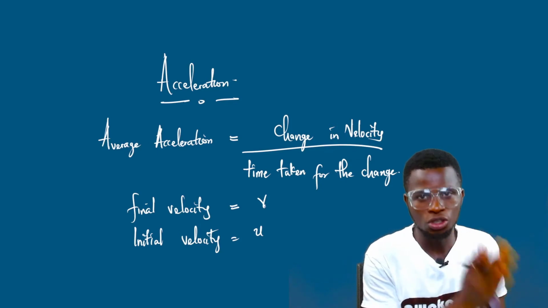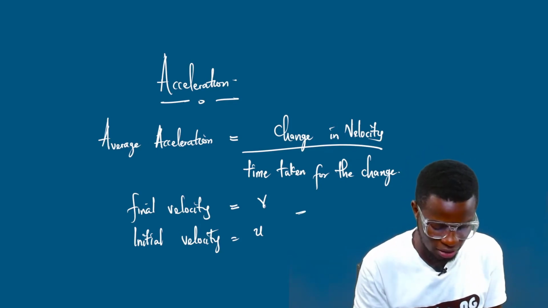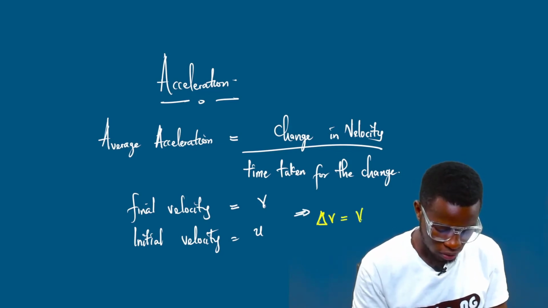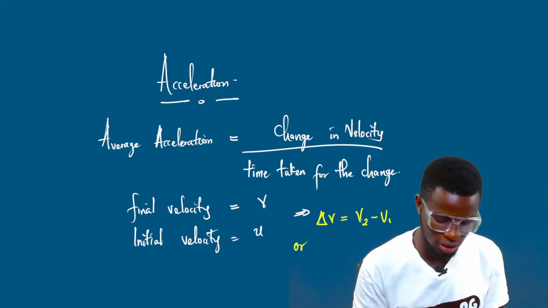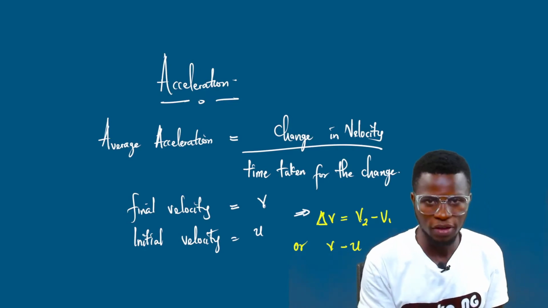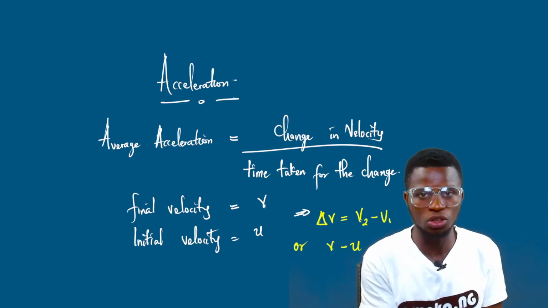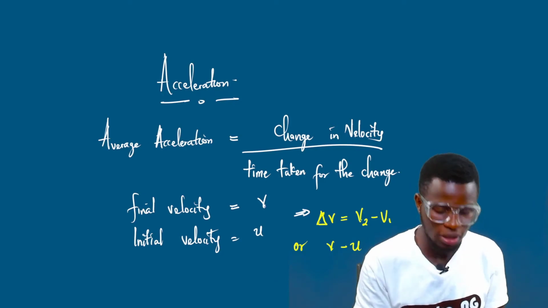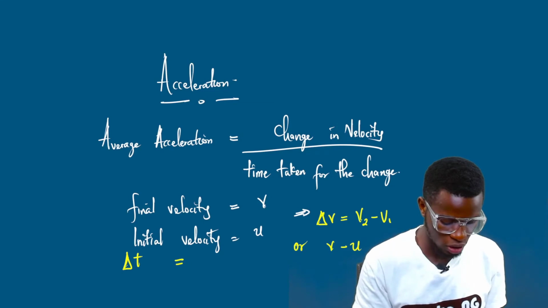The change in velocity is given as v2 minus v1, or in some texts you see v minus u, where v is the final velocity and u is the initial velocity. And in some texts you see v2 as the final velocity and v1 as the initial velocity. And of course, the time change is denoted by t, which is always equal to t2 minus t1.